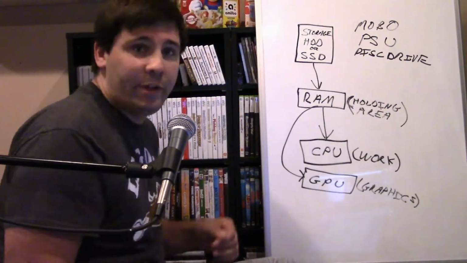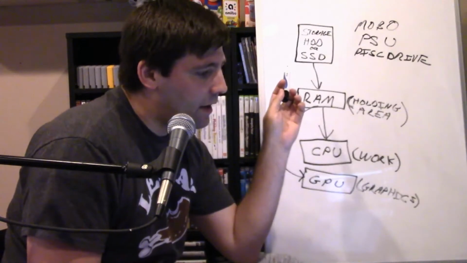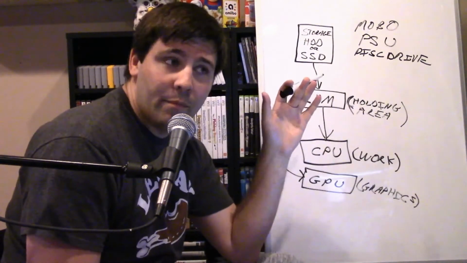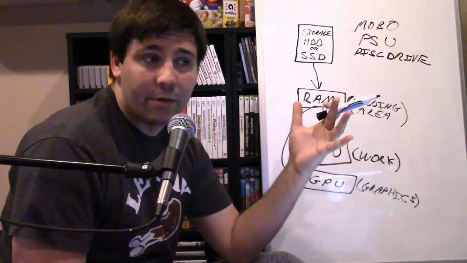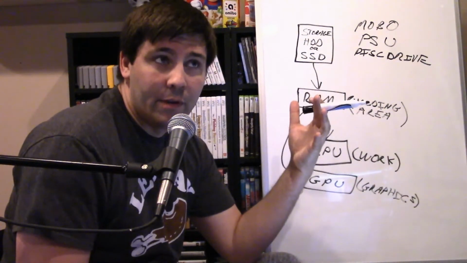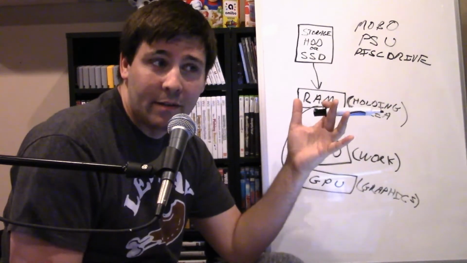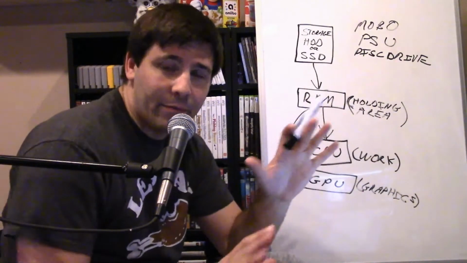All right, so when you're selecting what your storage is going to be, there's obviously the size of the storage, which most people building a computer are savvy enough to know that a terabyte is bigger than 512 megabytes. So there's that.